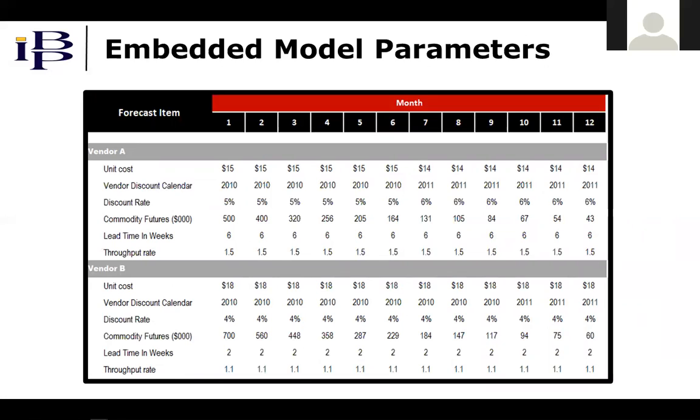So it could be, I need to know the cost of the products I'm buying. I need to know when the prices are going up. I need to know the discount calendar. I need to know how lead times are changing.